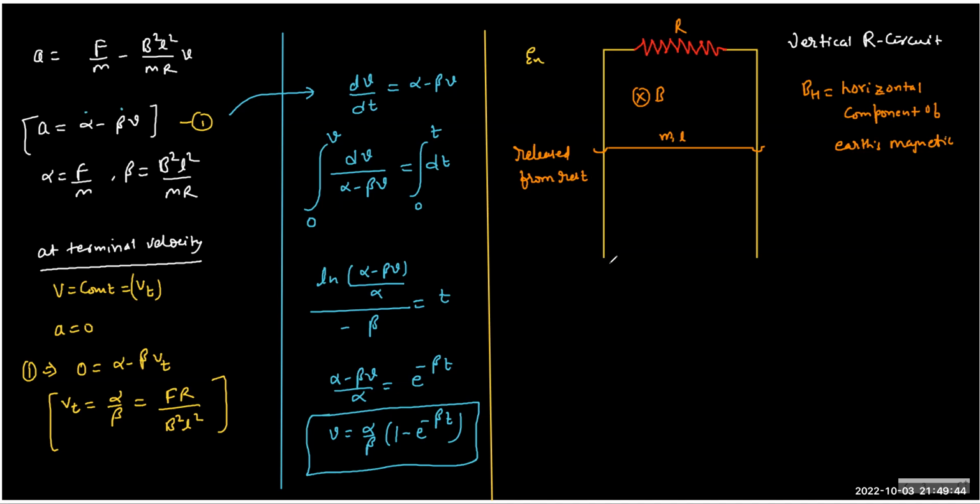So to find the terminal velocity, we can just write the answer. It is FR by B square L square. So the answer will be mgR by B square L square. So in a way, it's good to know the formula directly, not to solve it from scratch, but just write it down and we'll get the answer.